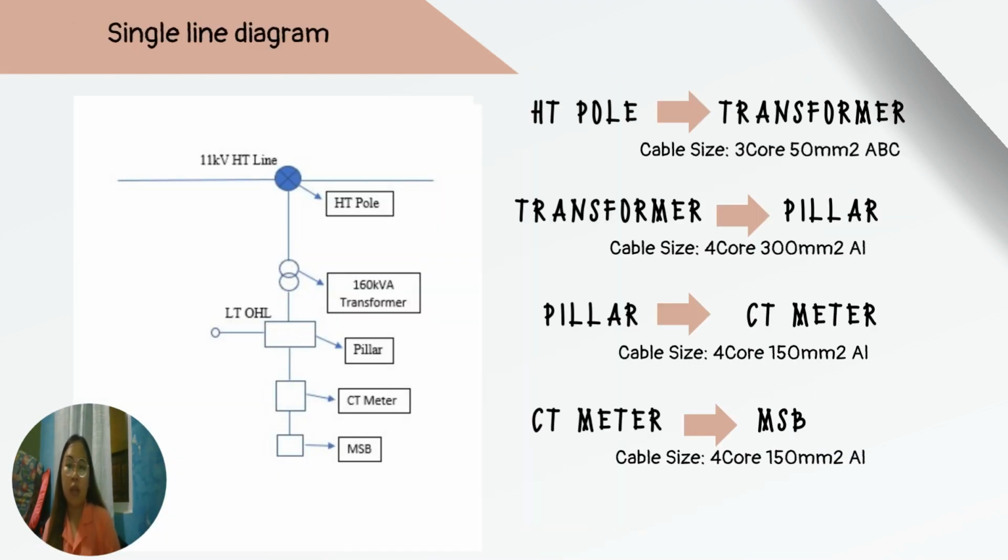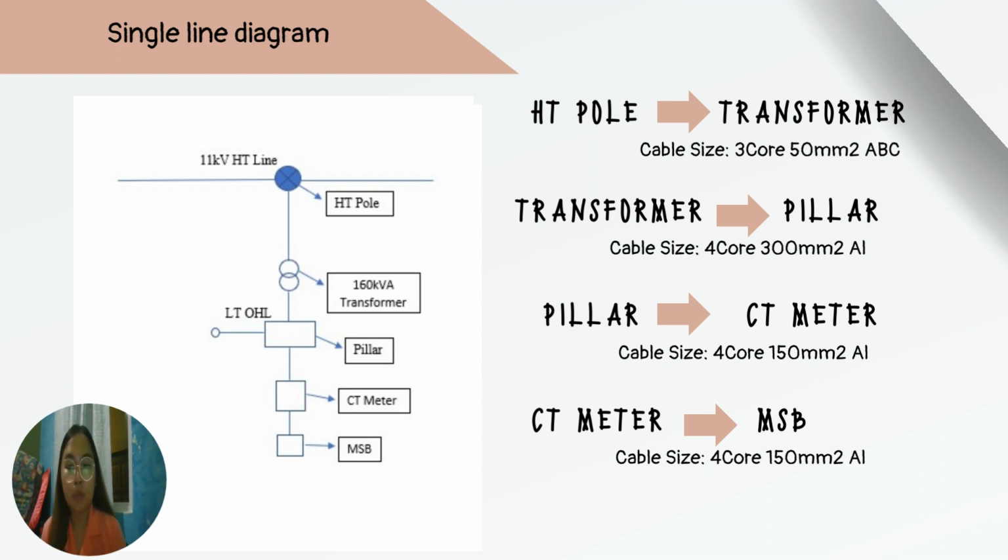This is a single line diagram for the school power supply, starting from the 11 kV HT line, where the existing HT pole goes to the transformer, a 160 kVA transformer, then to the pillar, to the meter, and lastly to the MSB.